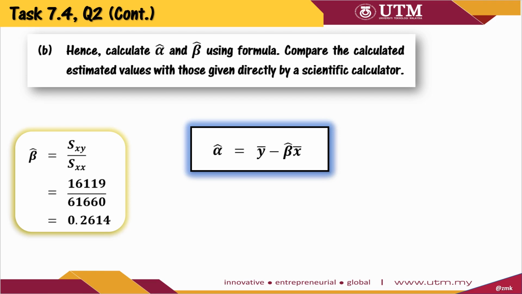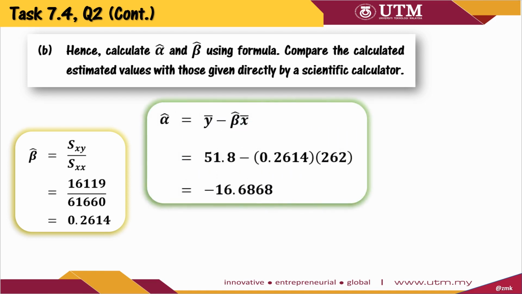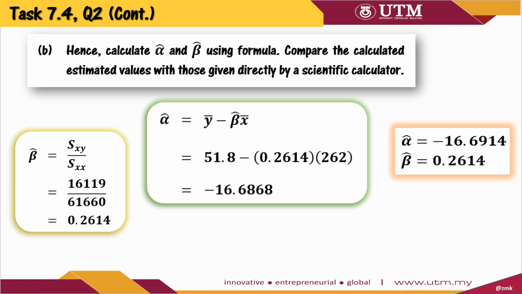If you use this beta hat value in the alpha hat formula, you will get the following value for alpha hat. Now you can compare with the values given directly by your calculator.